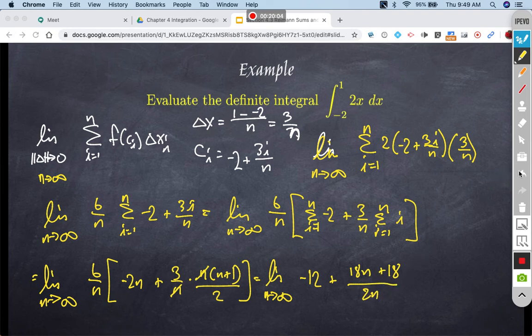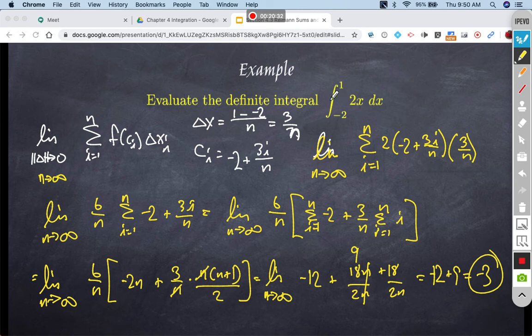So again, let's make this 2n and make this 2n, and these will cancel. So this is going to be 9, and as I take the limit, this will go to 0. So I get negative 12 plus 9 equals negative 3.